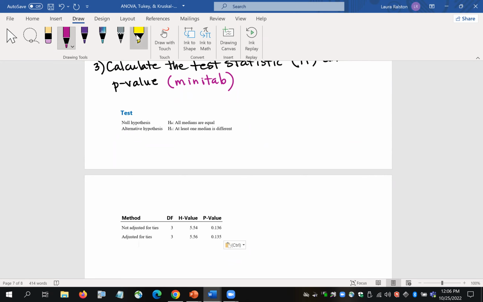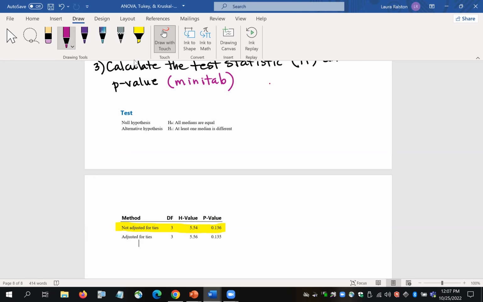Notice that it gives you one value not adjusted for ties, and a second one adjusted for ties. Guys, we use not adjusted for ties. That means if you had a value that is the same number, so it's tied for a rank value, there is an adjustment that can be made. We're going to use the not adjusted.